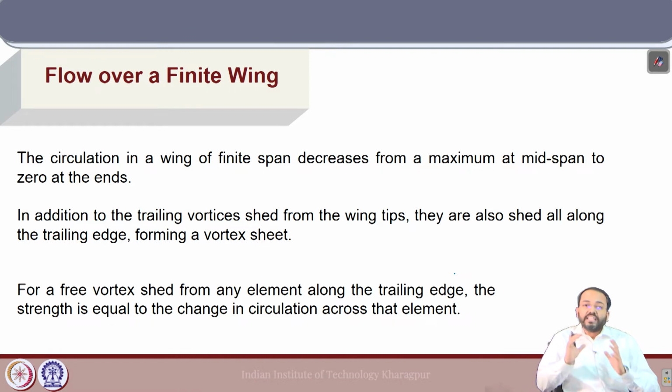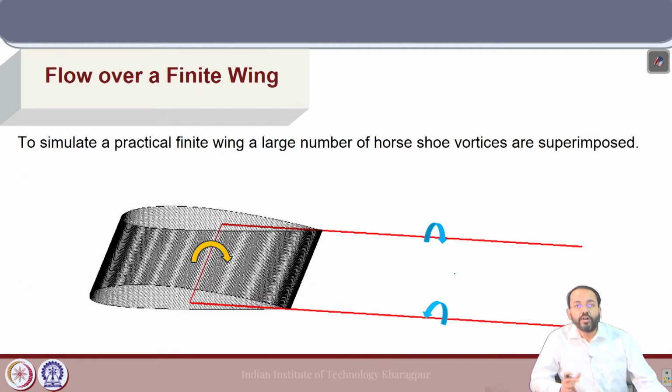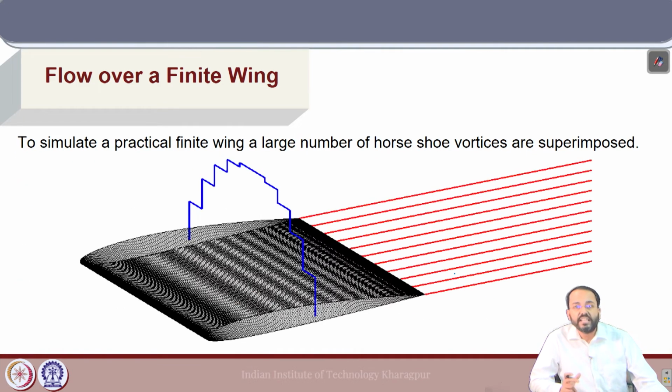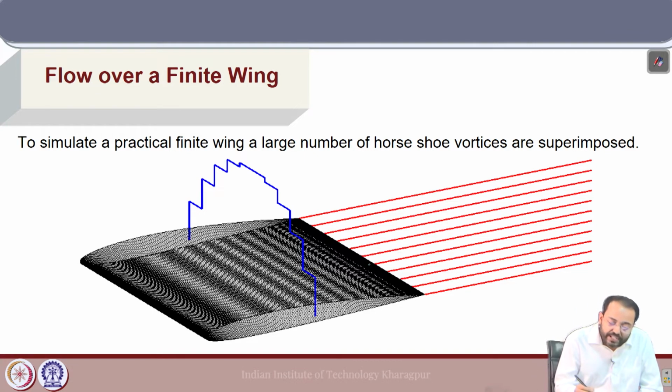So, the strength of the vortex shed from the trailing edge is equal to the change in circulation across the element. That is what will be visualized in the next figure. If we divide the finite wing into a number of elements, the circulation distribution is 0 at the ends and maximum at the center.